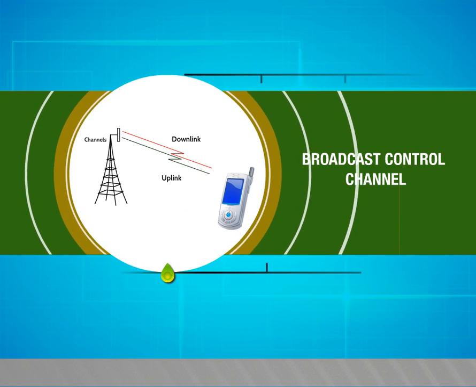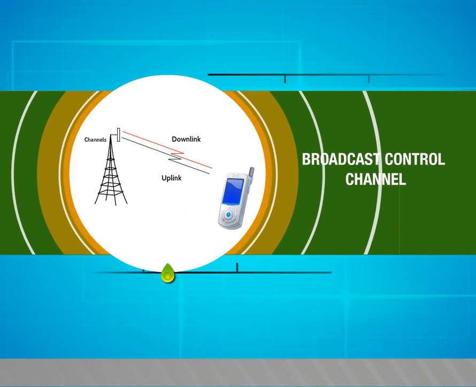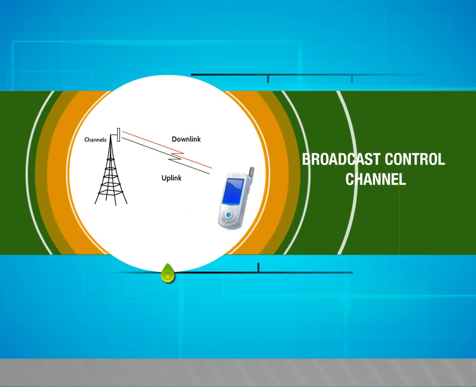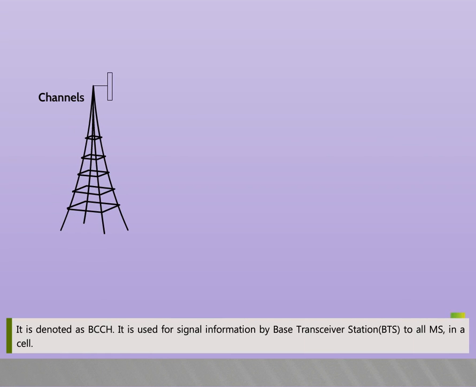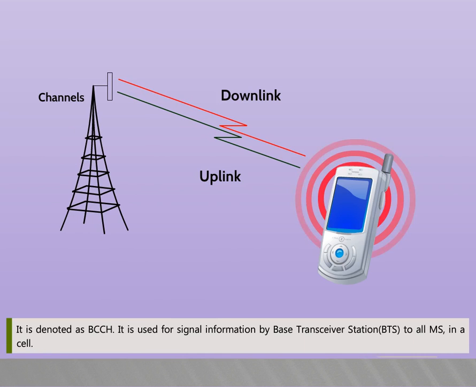Broadcast Control Channel. In this video, we are going to see about Broadcast Control Channel. It is denoted as BCCH. It is used for signal information by base transceiver station, that is BTS, to all MS in a cell.